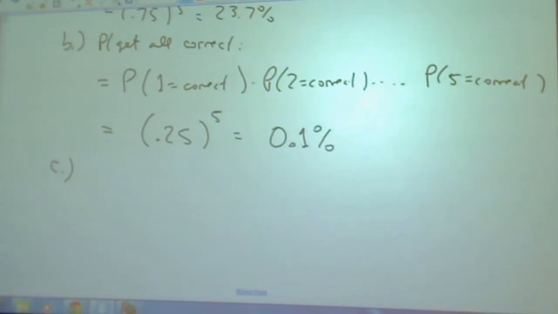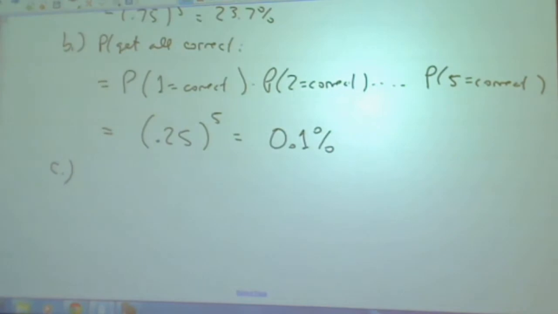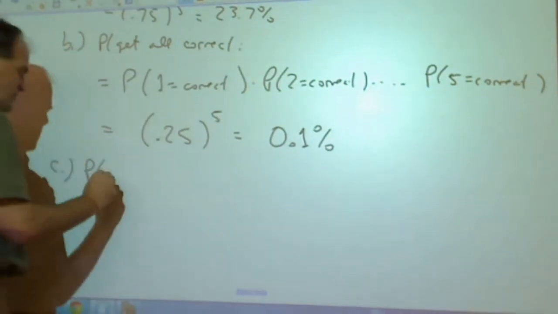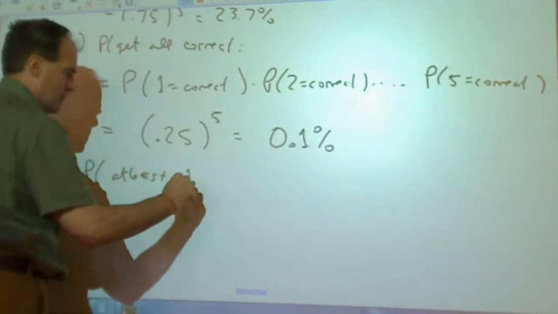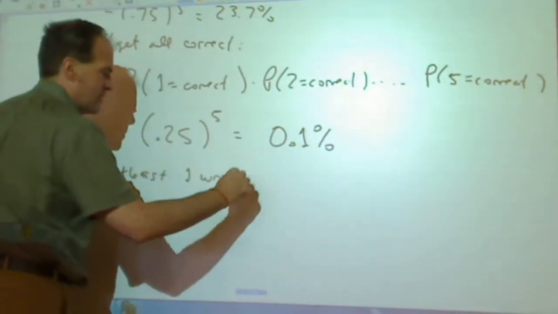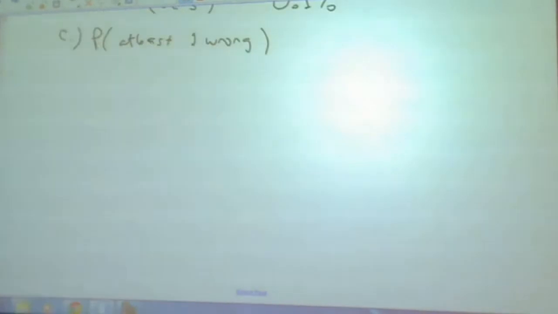How about C? Get at least one of the questions wrong. The at least one especially. There are a lot of different ways you could get at least one wrong, so think of this as the complement: 1 minus the opposite of at least one wrong.